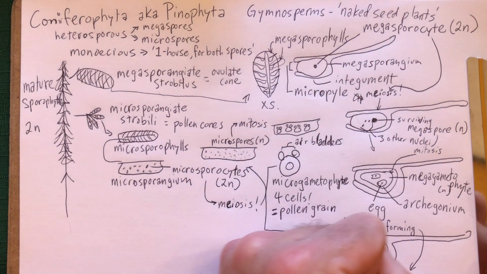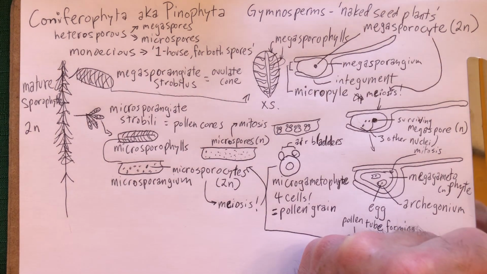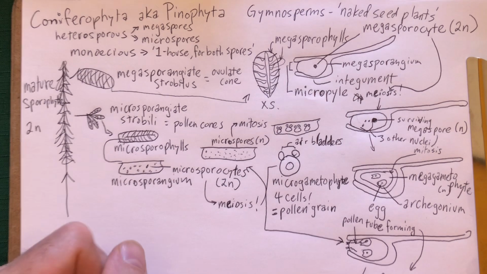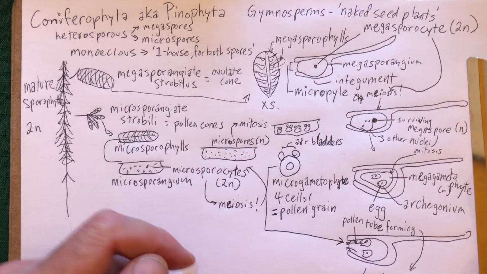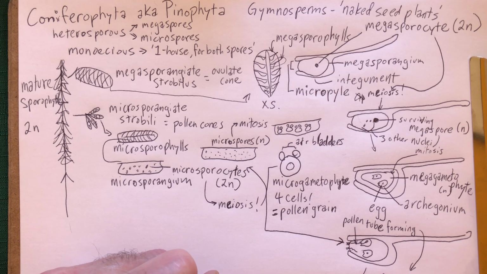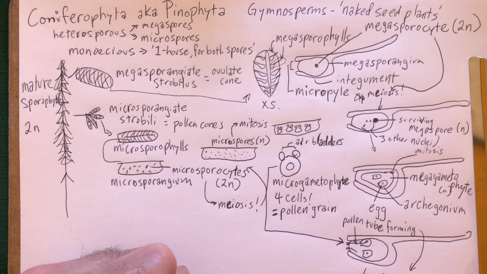So after fertilization, which gives us a new diploid sporophyte, at least an embryonic one, inside of here it's going to look a little bit like Forky from Toy Story.